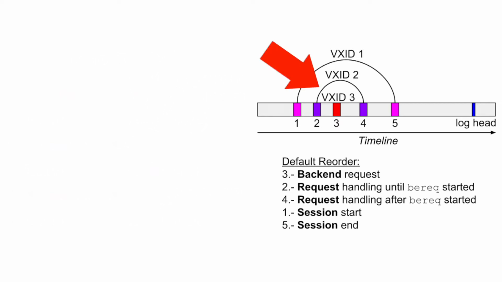You see that the backend request that is identified by transaction ID 3 is the innermost transaction, followed by the actual request, which is identified by VXID 2. And finally, you have VXID 1, which represents the session that is displayed then. There is some meta information.